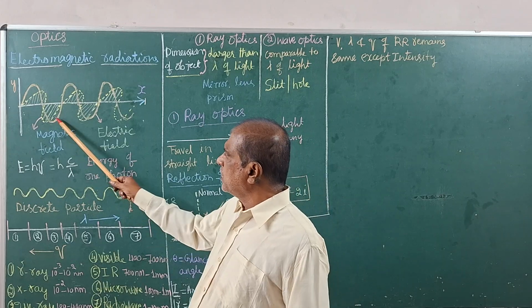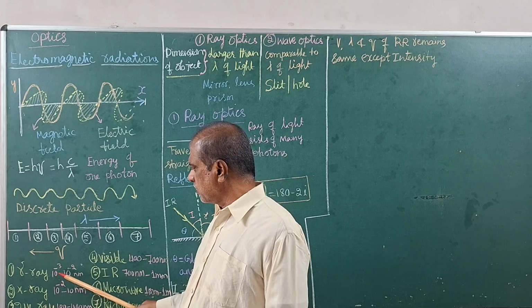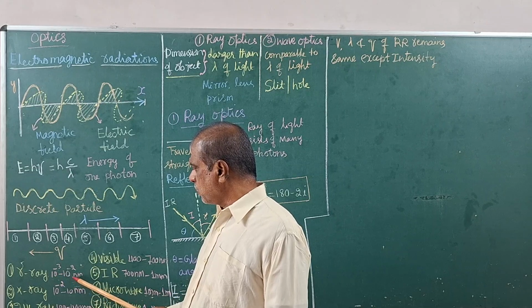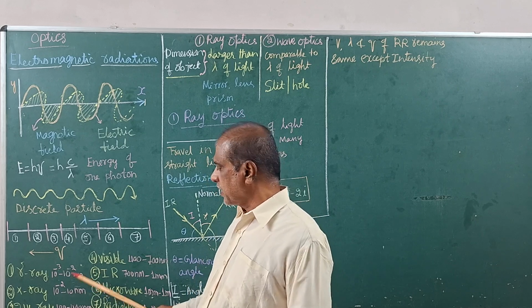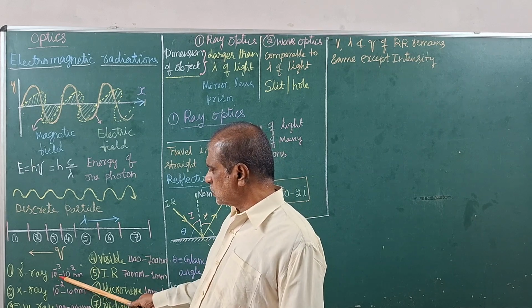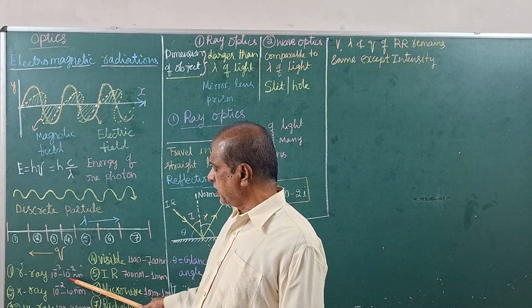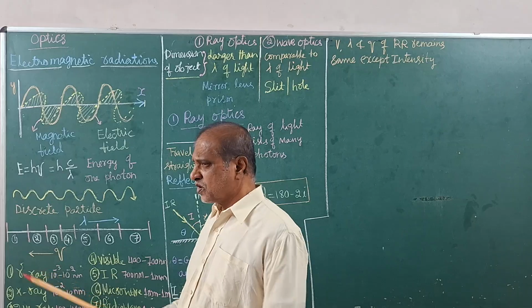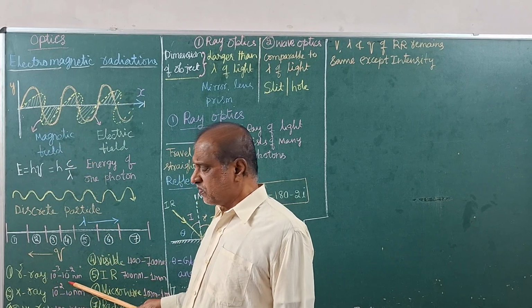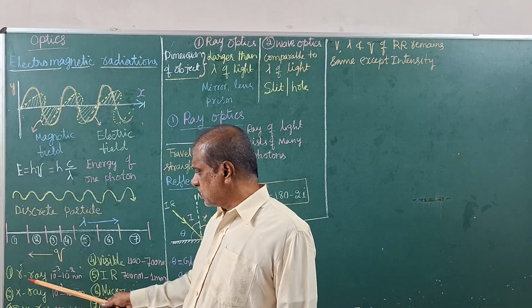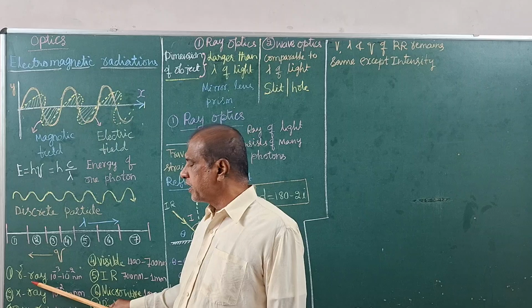If the range of wavelength lies between 10 to the power of minus 3 and 10 to the power of minus 2 nanometer, on the nanometer scale, where 10 to the power of minus 9 is nano, it is a mixture of wavelengths, not one single wavelength. This range is called gamma ray.